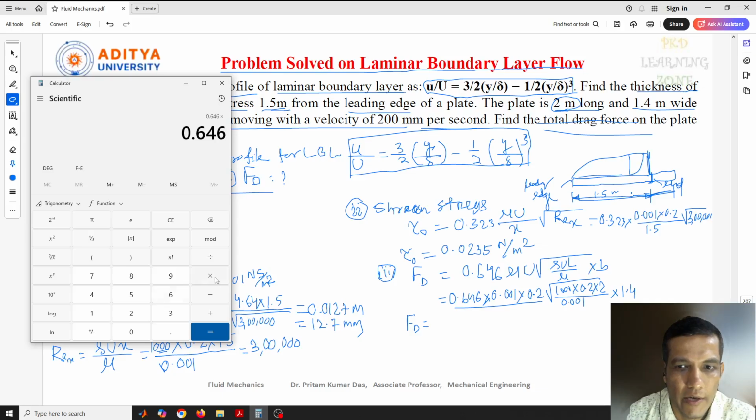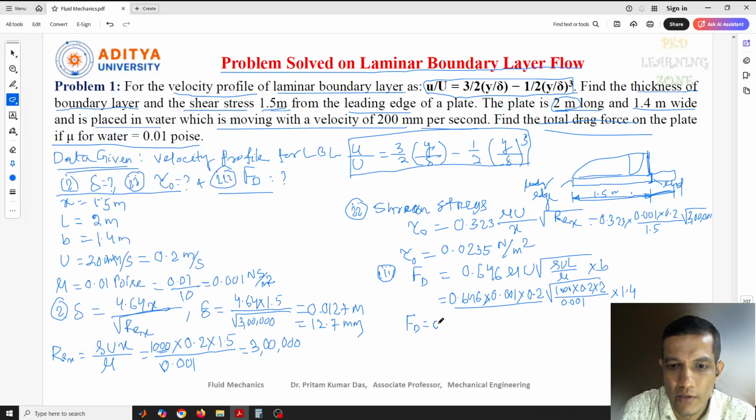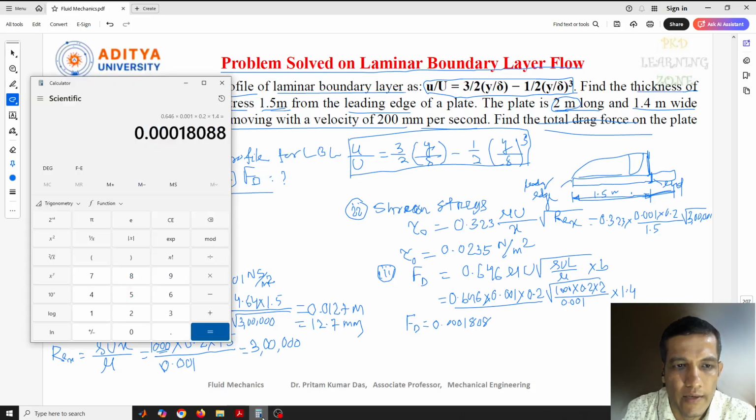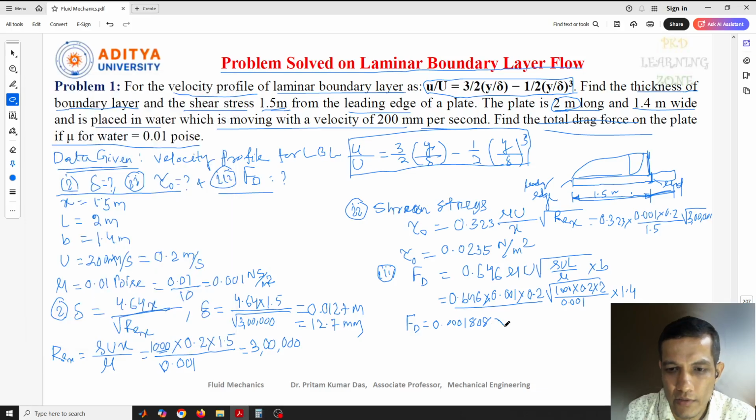This is the value we got here, 0.0001808. Then we need to multiply by the root over of the other value.